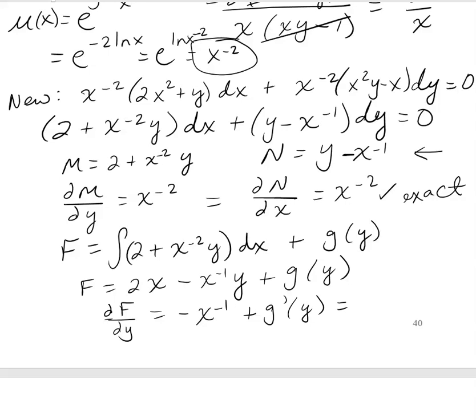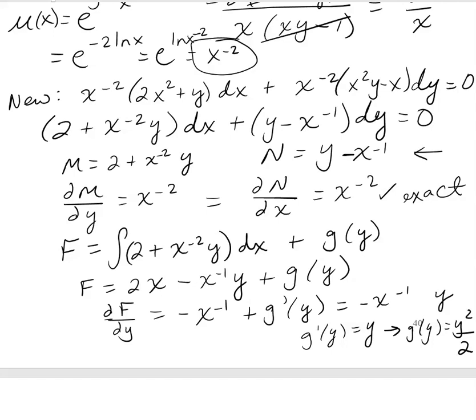So I'm going to write it just so we can see the correlation a little better. Negative x to the negative first plus y. So that means that g prime of y is equal to just y. Let me write that a little neater here. Which means that g of y is equal to y squared over 2.